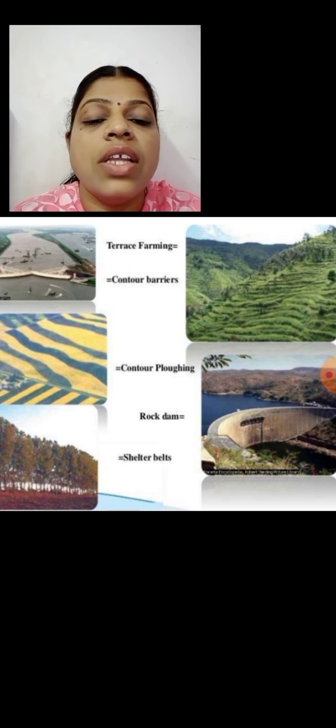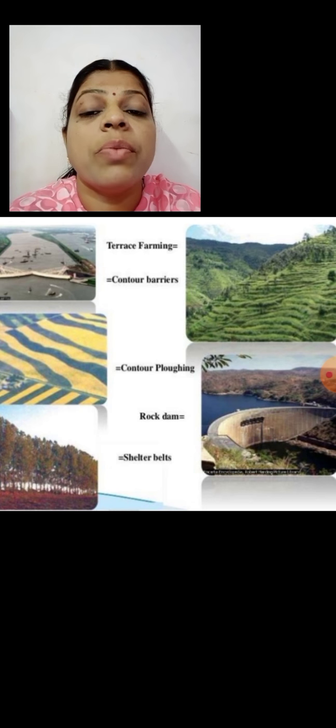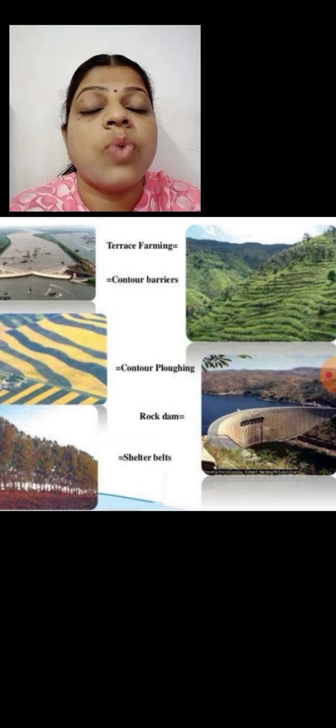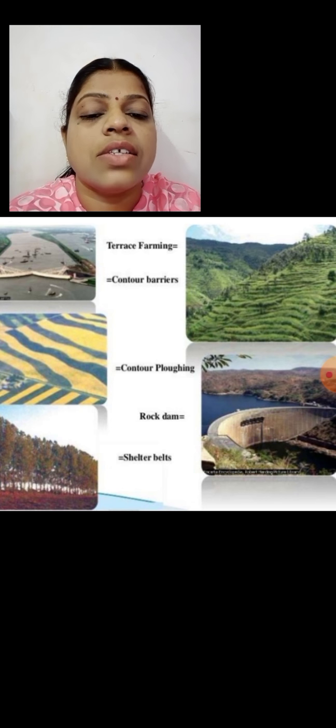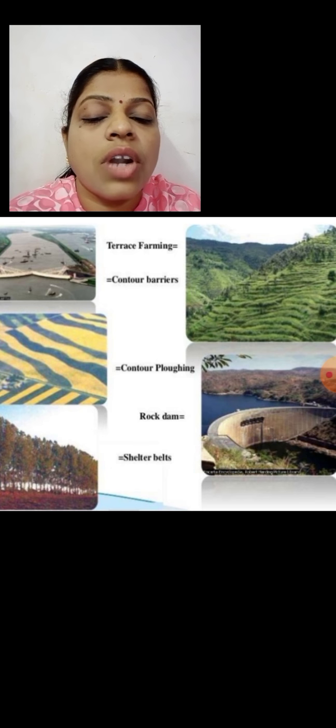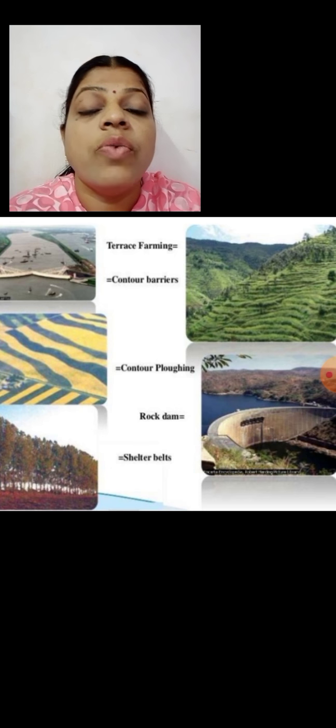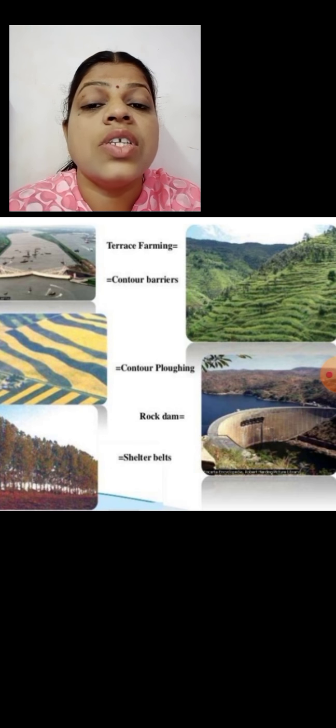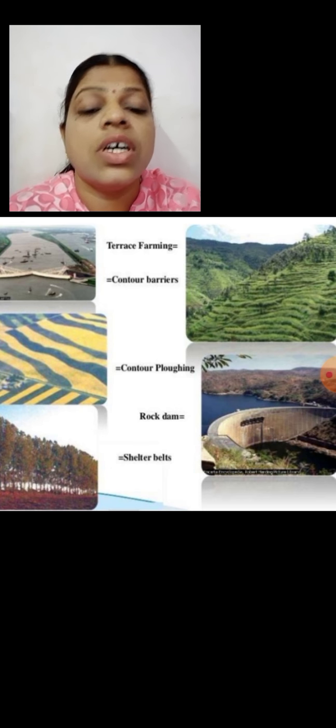So these are the various images, which show terrace farming, contour barriers, contour ploughing, rock dams and shelter belts. These are the various methods adopted to conserve the soil.